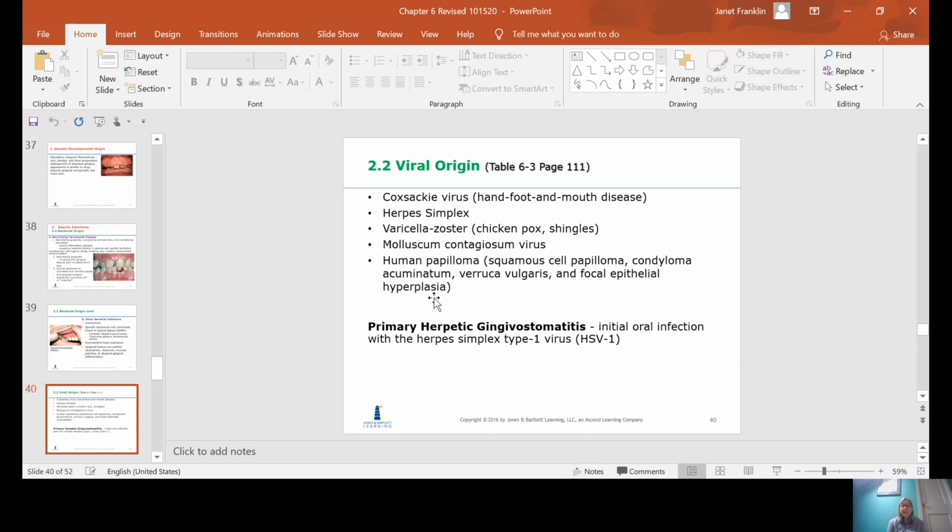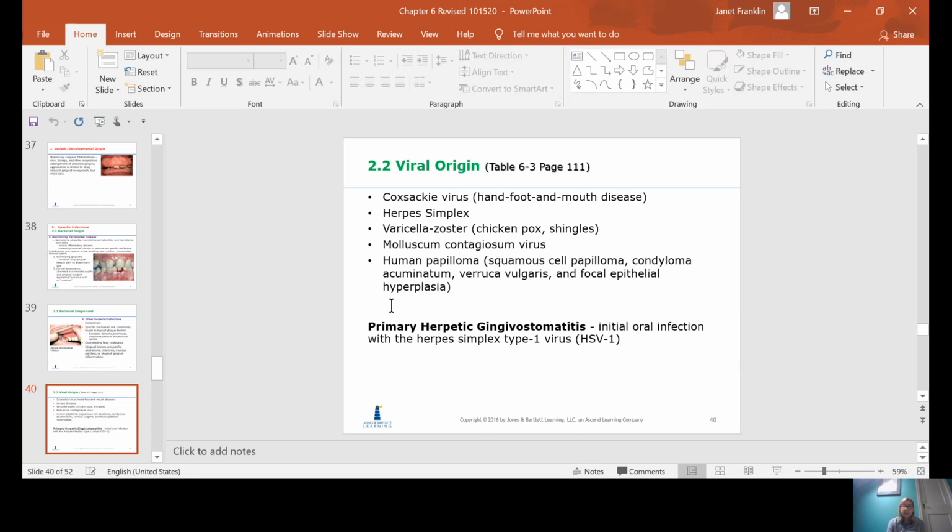Viral origin. Probably the most common one of viral origin is going to be herpes simplex, right here. HPV is another one, but the most common one is herpes simplex. So primary herpetic gingivostomatitis is an initial oral infection with the herpes simplex 1 virus.